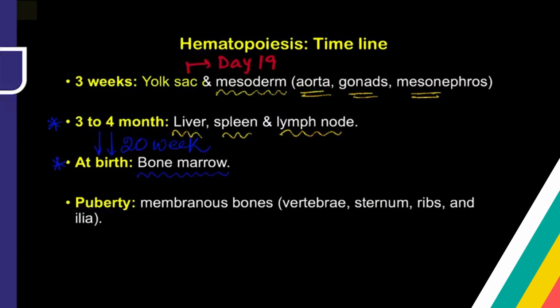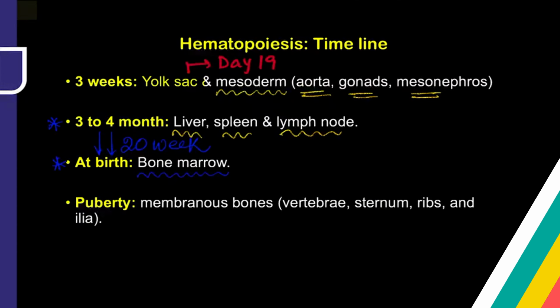Now, bone marrow will continue hematopoiesis throughout your life. But initially, the long bones also take part in hematopoiesis. During aging, when the person reaches puberty, the hematopoietic activity of the long bones decreases, because the long bone marrow is converted into fatty deposit, except the terminal portion of the long bone.